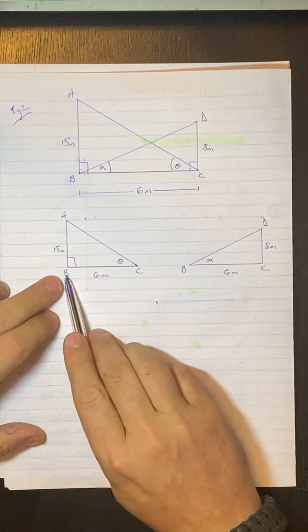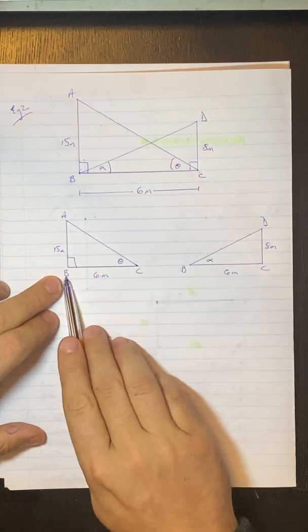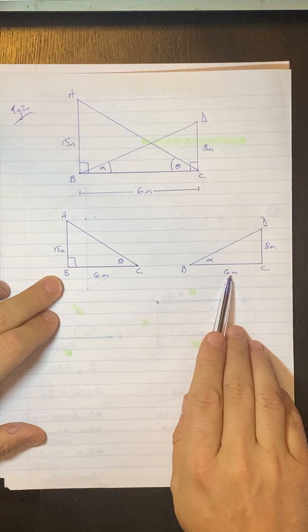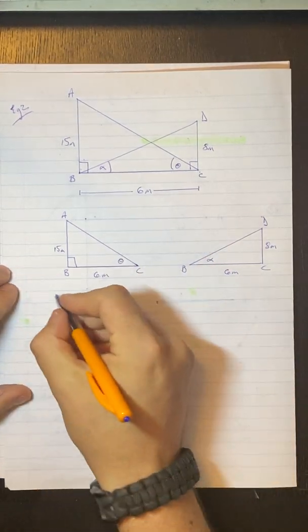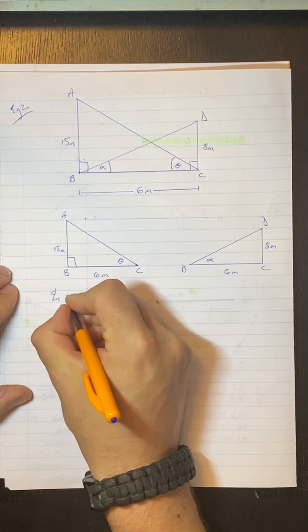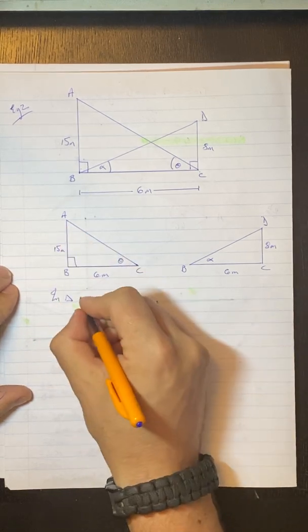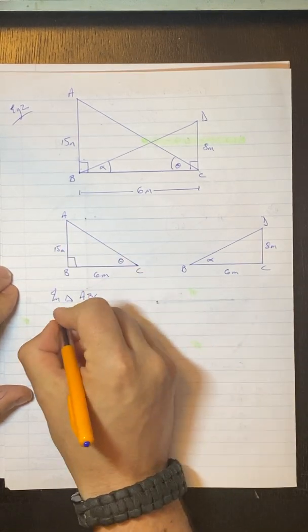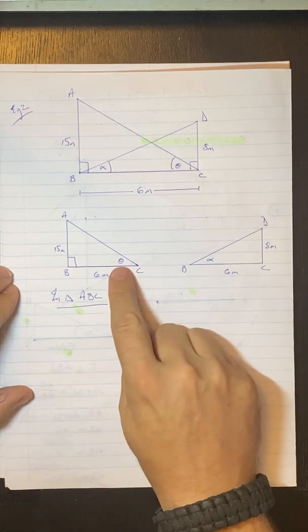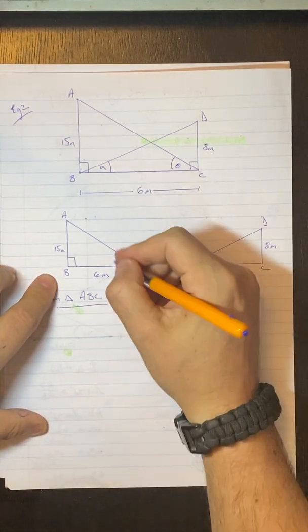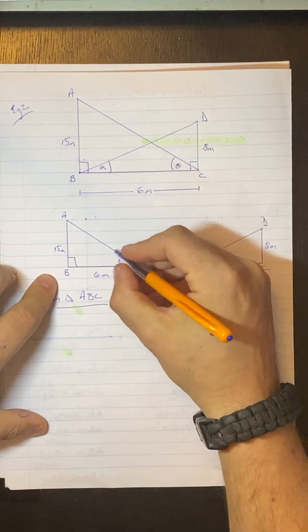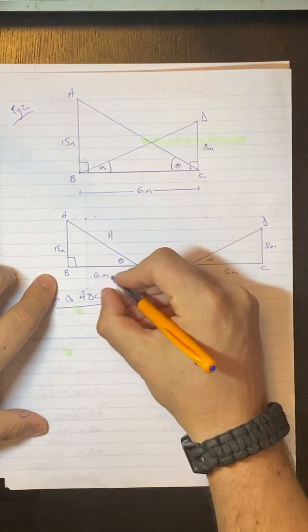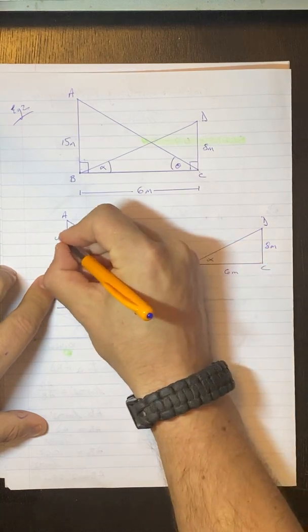Now this BC is the same for both triangles, so they'll both be 6. So let's have a look in this triangle over here. In triangle ABC, from the angle that we want, I'm going to fill in my adjacent, hypotenuse, and opposite. So this is your hypotenuse, adjacent, opposite.